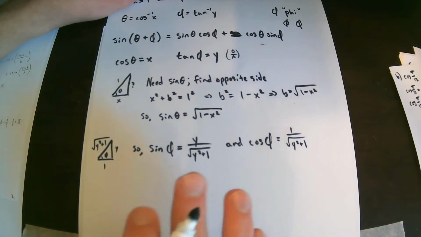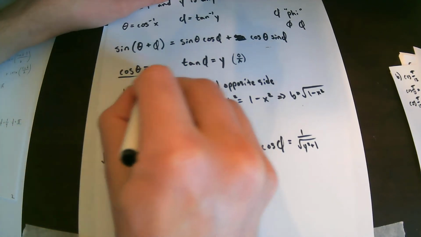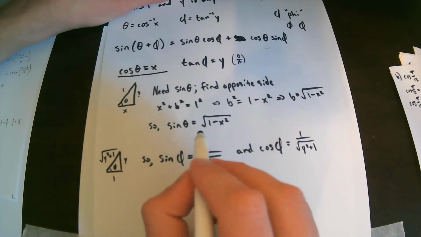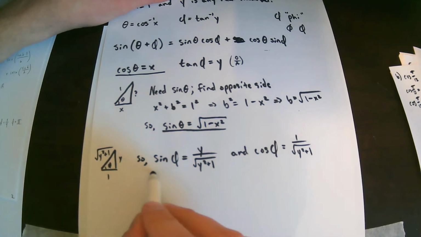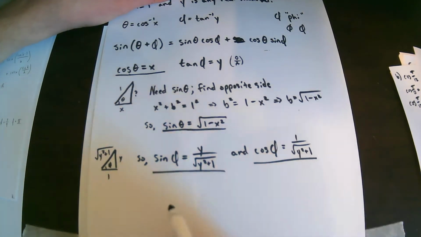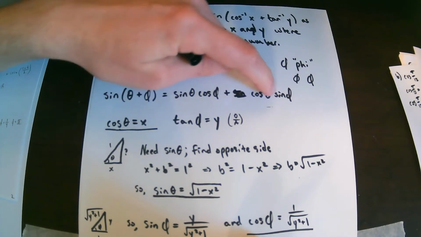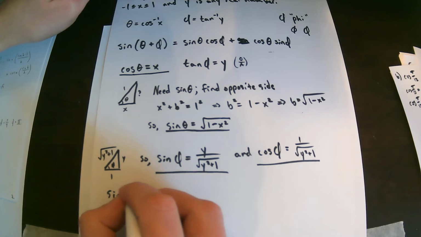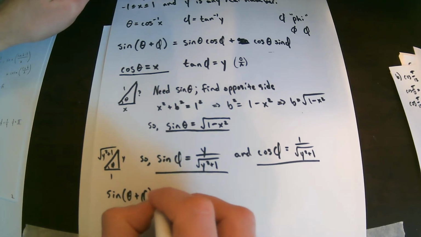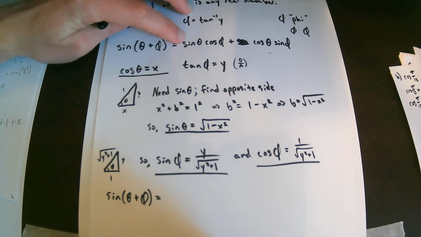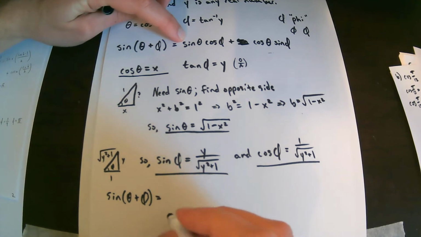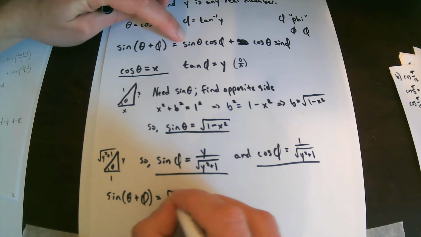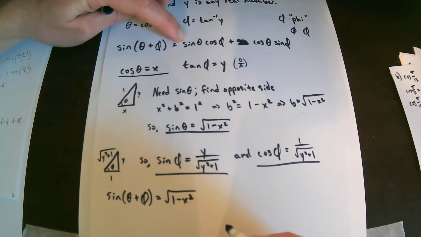Now I have all the pieces I need. I've got cosine of theta, sine of theta, sine of phi, and cosine of phi. Those are the four pieces that I needed. So I've got sine of theta plus phi is equal to, working from here, sine of theta, which is the square root of 1 minus x squared.